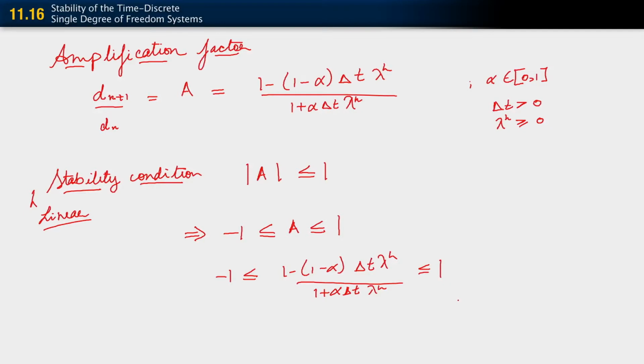Now because of the conditions I've put up here, we are guaranteed that our denominator is positive.